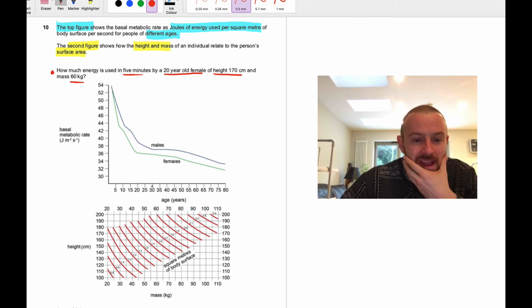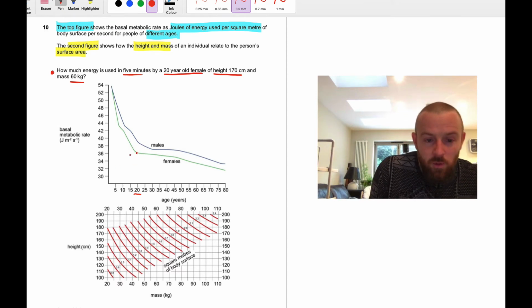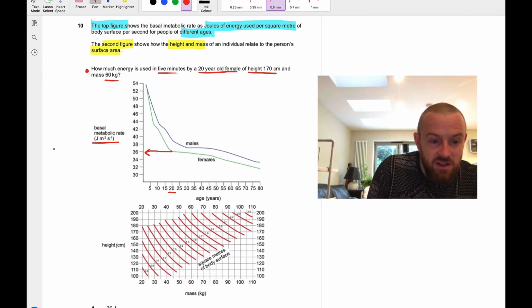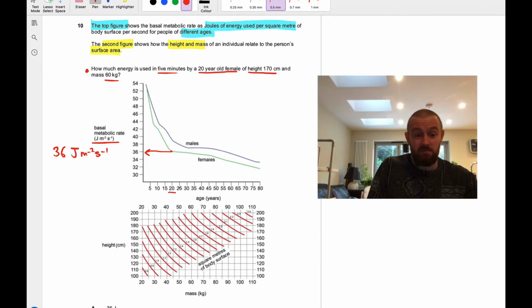No. We've got the age, and we know the person's female, so 20 and female. I've already worked out some information. In fact, I know that the basal metabolic rate is 36 joules per meter squared per second. Okay, that's pretty good. Got some information.